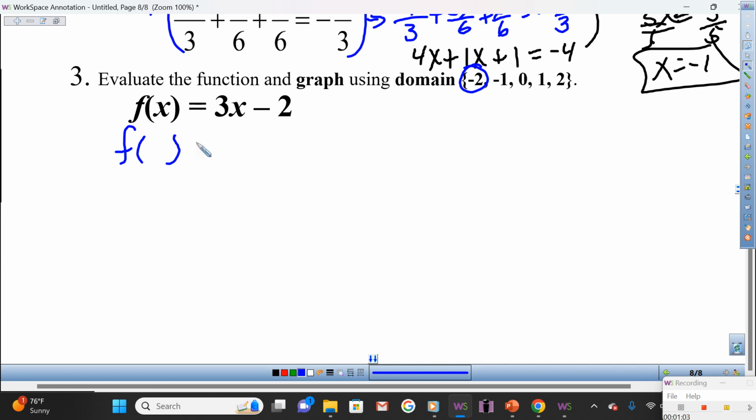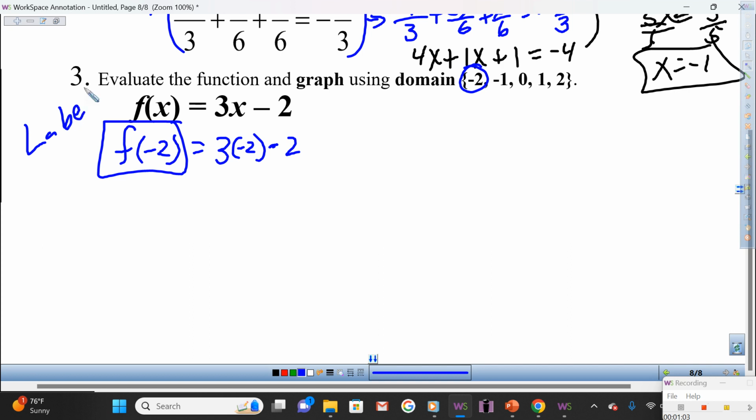So everywhere there's an x, I put a parenthesis, and I'm going to substitute what value? -2. The left is just a label. It's not a multiplication. It's just a what? A label, like an icon, if you want to call it, which means that stays the same. What is the only side that simplifies?